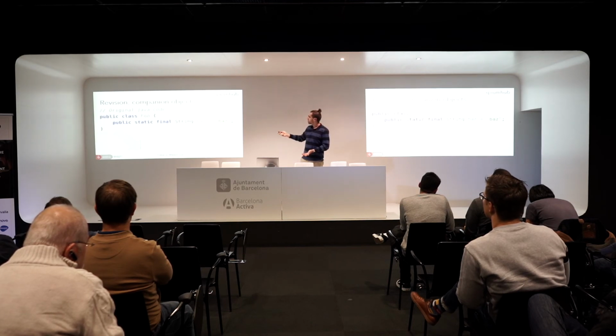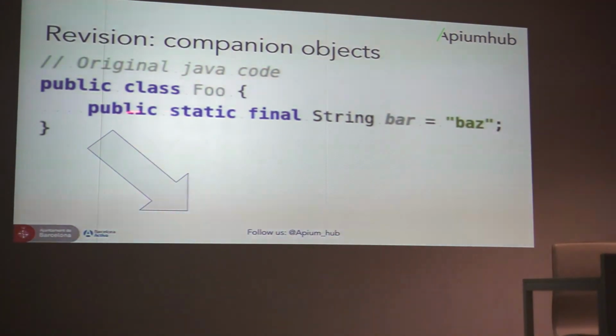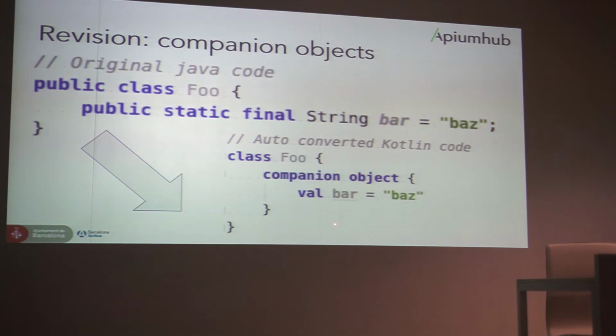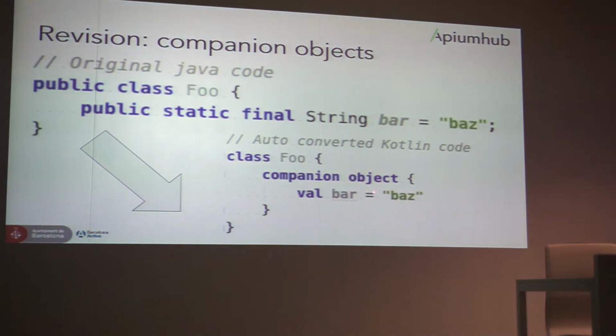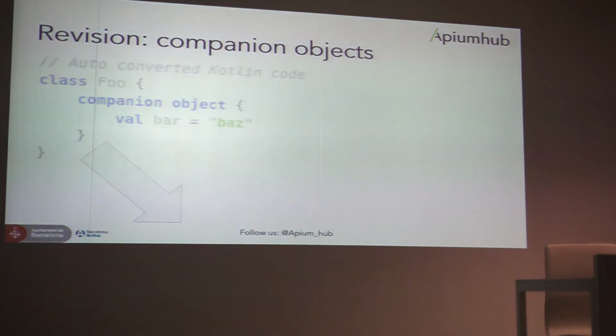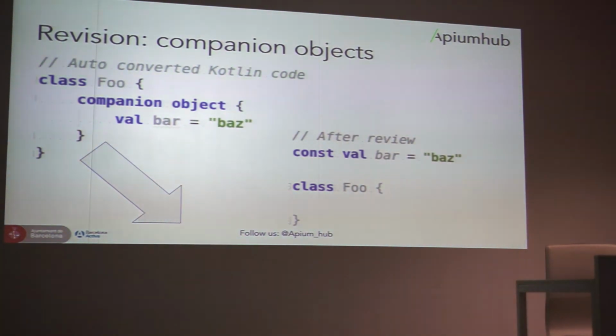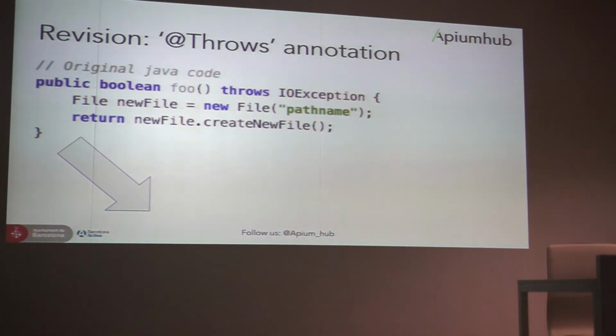So what else? What about the companion objects? This is the way we do constants in Java, right? We can automatically convert it to this. But remember, constants in Kotlin don't need to live inside a companion object. It's not a must. So I can take them out like this. Alright? What else?